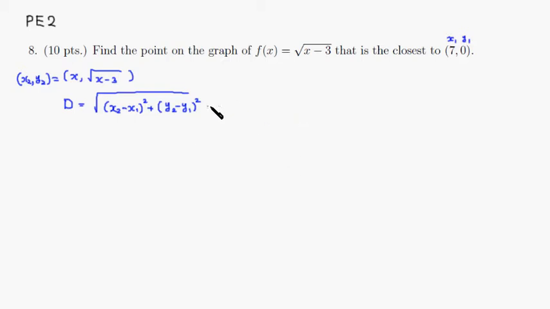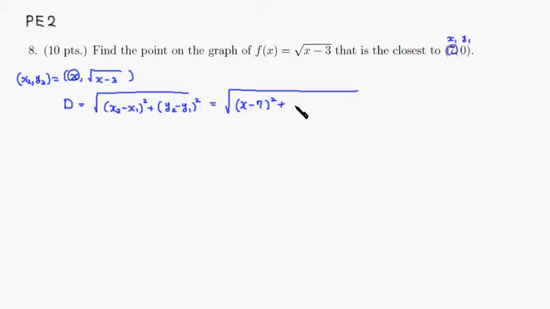Following that, we get the square root of x2, which is x, minus x1, which is 7, squared.